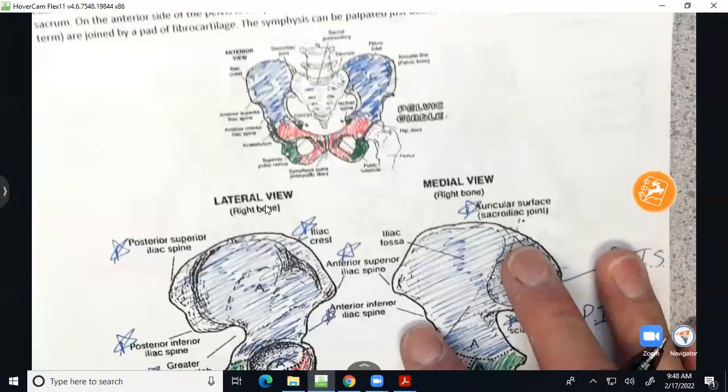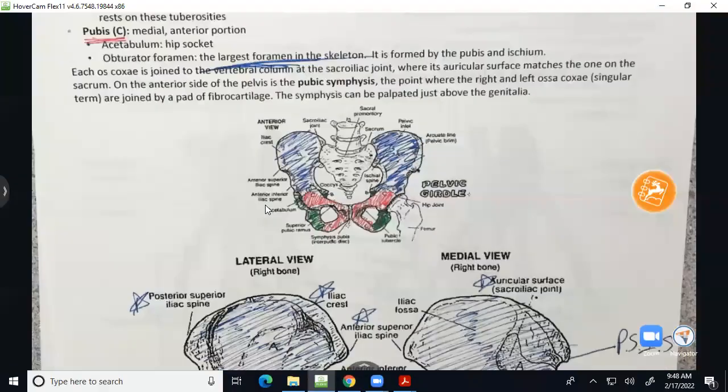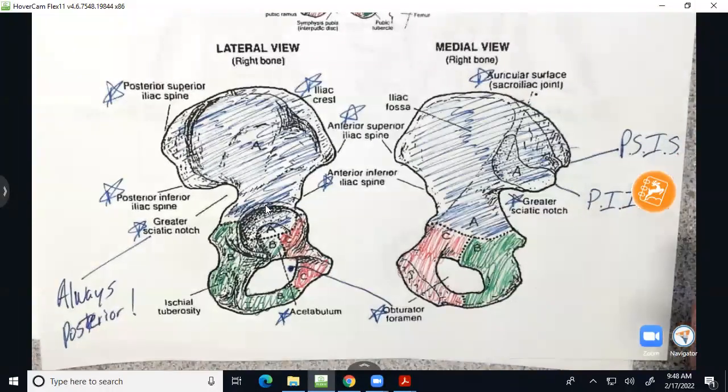This is your largest foramen in the entire skeleton. Big, big hole. We have one in each hip bone, so we have two of these since everything's paired up here. But it's a big, big hole, and a lot of nerves run down through it on their way down into the legs. So that's kind of what it functions to do, I guess.